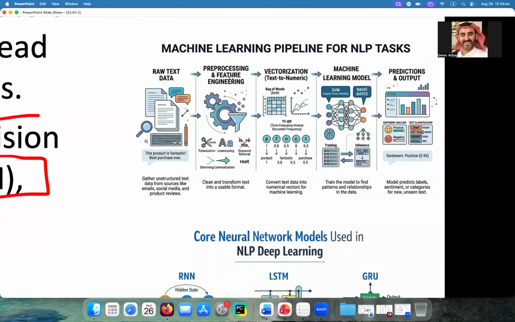You will perform feature engineering also in machine learning. These things are mentioned here: tokenization, lower casing, we already did that. And then after that, you will convert the text, whatever you have after pre-processing, into numbers, into vectors, because models don't understand your text.